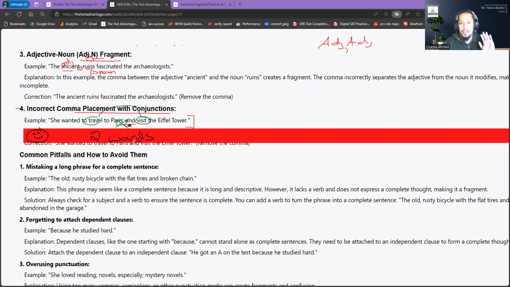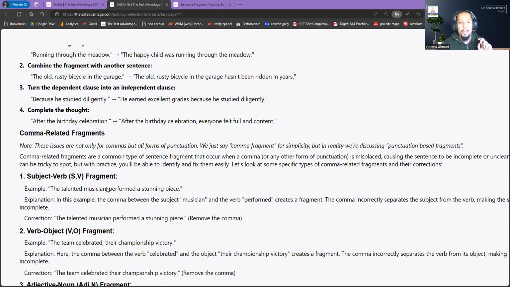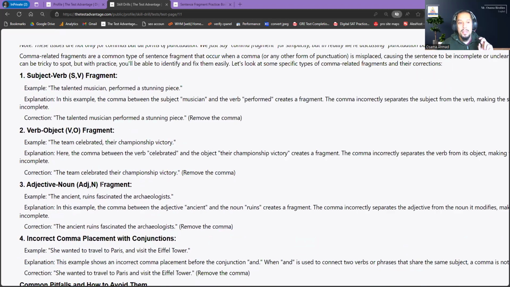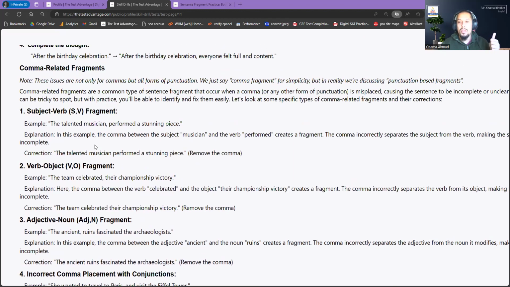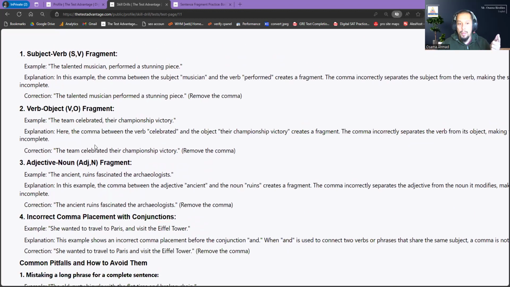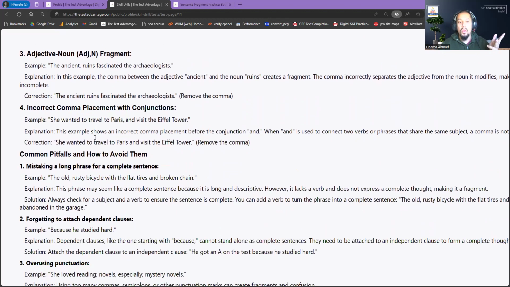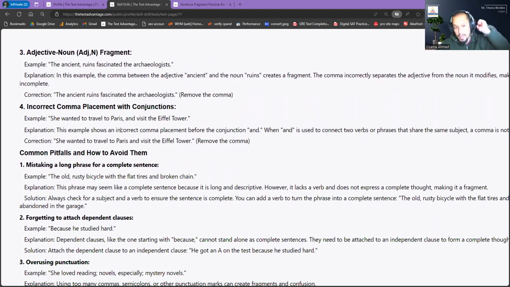It's a fragment. ممكن يجمع فكرتين، 2 ideas، بس ما ينفعش يجمع كلمتين. Okay? So keep that in mind when we're dealing with the common mistakes. So common mistakes في fragments، في commas: subject, comma, verb, comma, object, adjective, comma, noun، وبرضو incorrect comma placement بالconjunction.